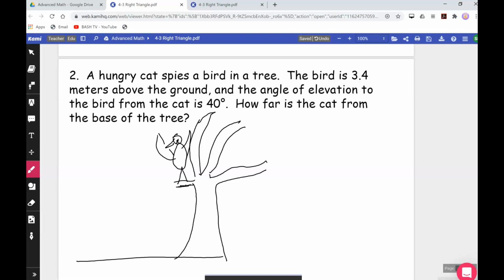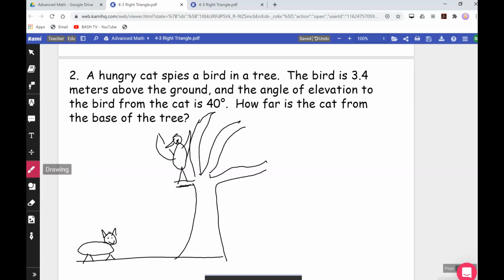All right. You guys don't have to draw as good as I do. I mean, as you can see, I'm quite artistic. So then we have this cat down here. Okay, and he's hungry.